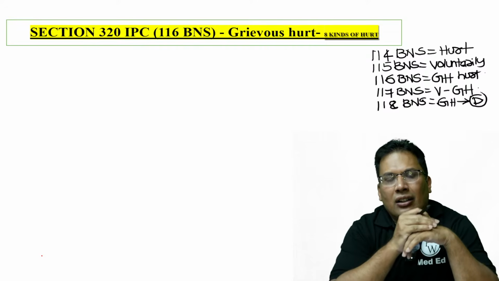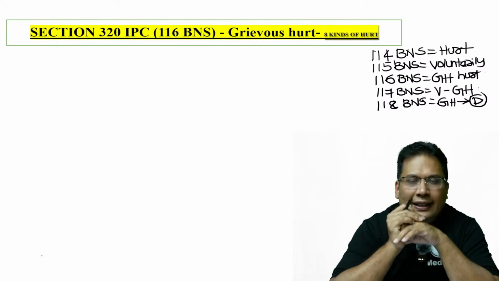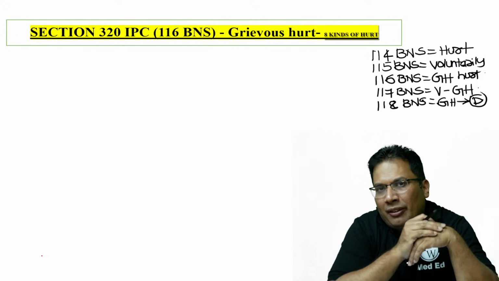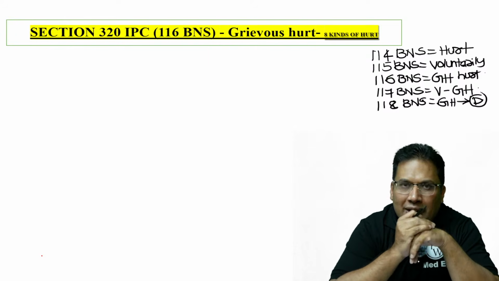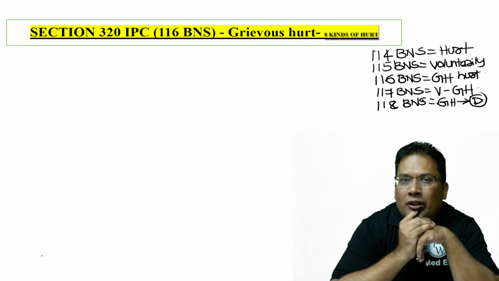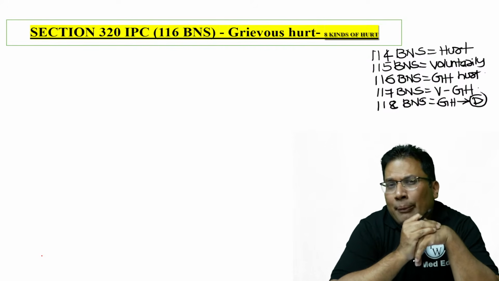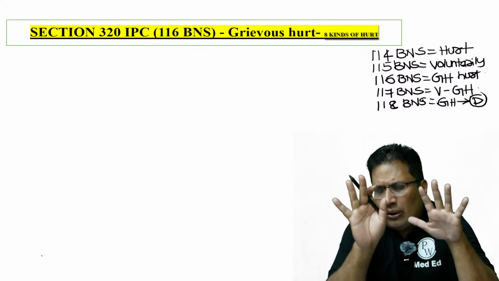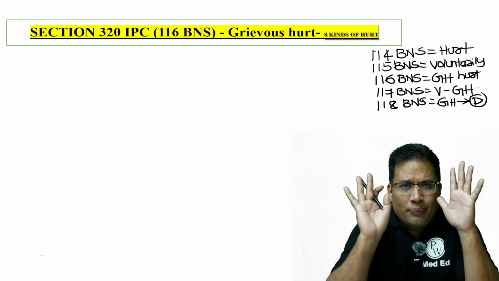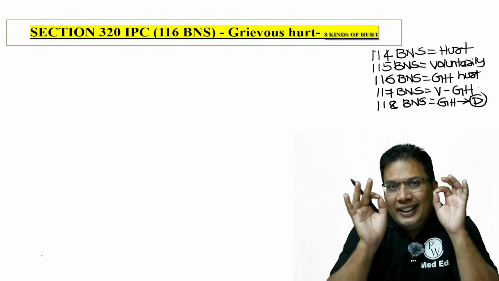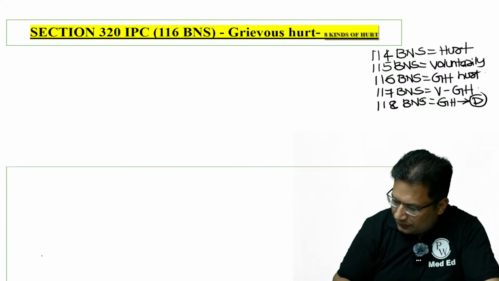There are 8 clauses in 116, like emasculation, permanent privation of sight of either eye, permanent privation of hearing of either ear, privation of member or joint, like that. This can be an MCQ. The clause number 1, remember, emasculation.